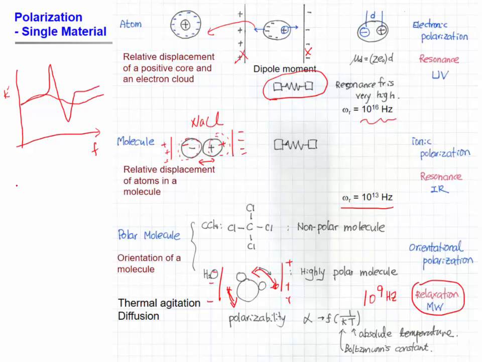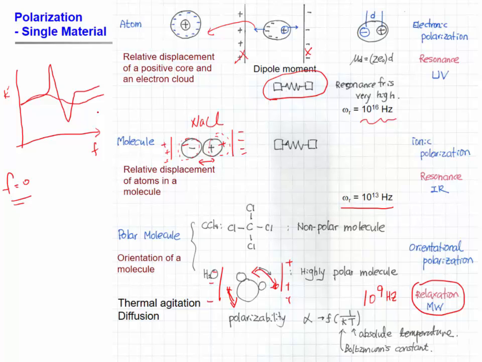So let's think about the zero frequency. Now you are applying the static electric field to the molecule, and at that point you have the maximum polarization. So at zero frequency, your polarization of your media is the maximum.